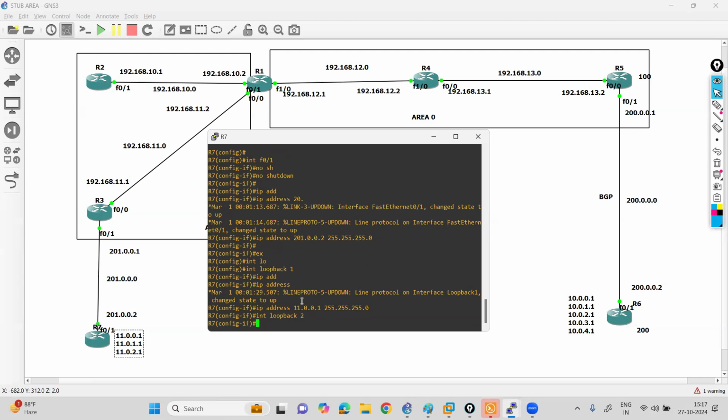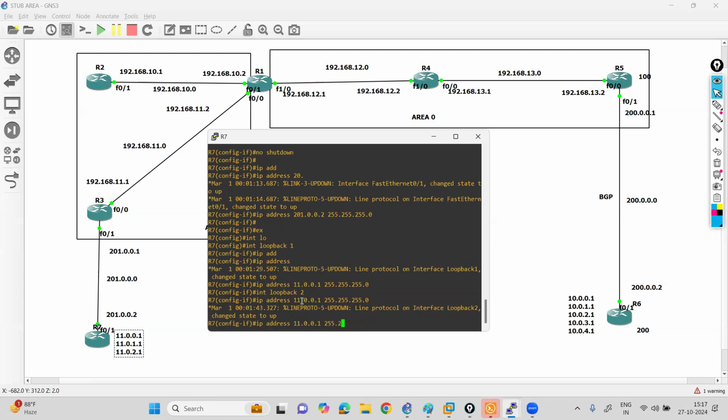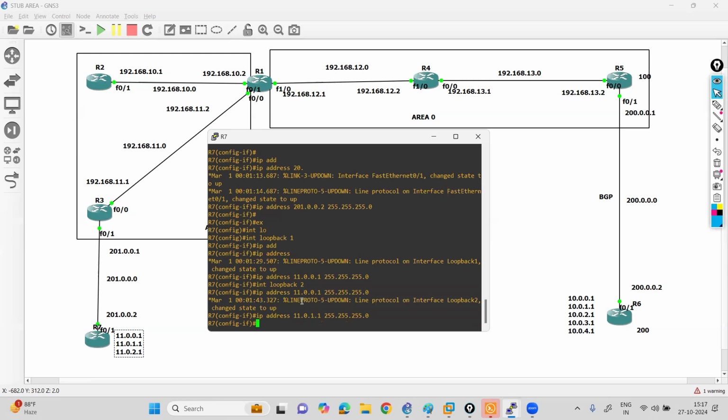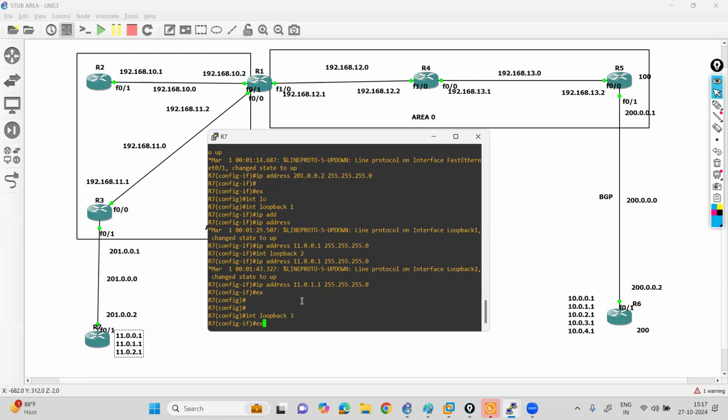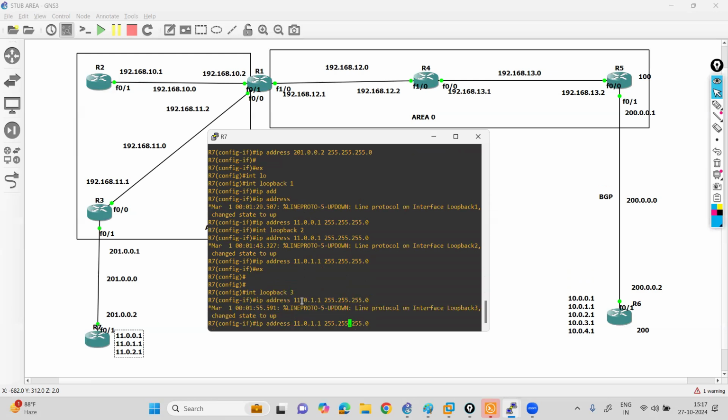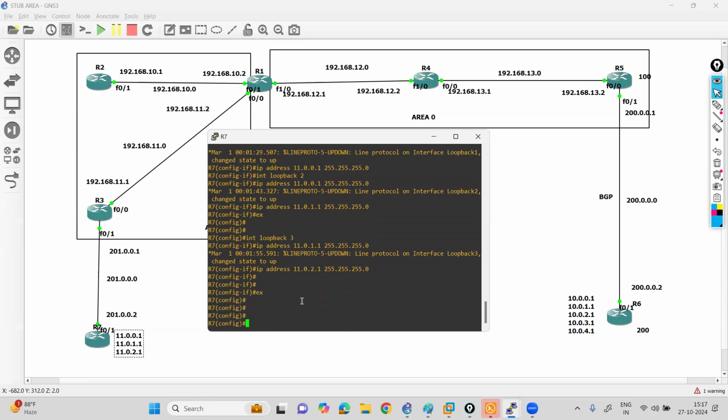Interface loopback 2, IP address 11.0.1.1, 255.255.255.0. Interface loopback 3, IP address 11.0.2.1 and so on.